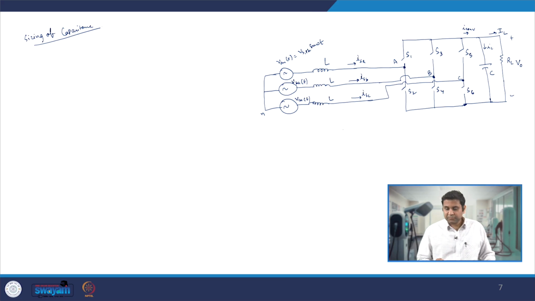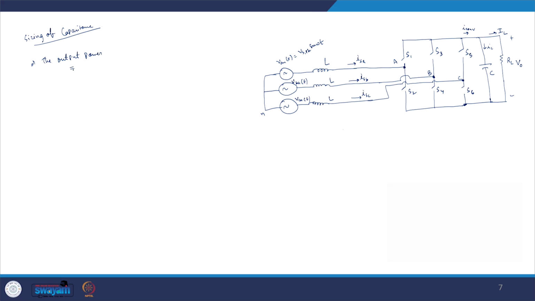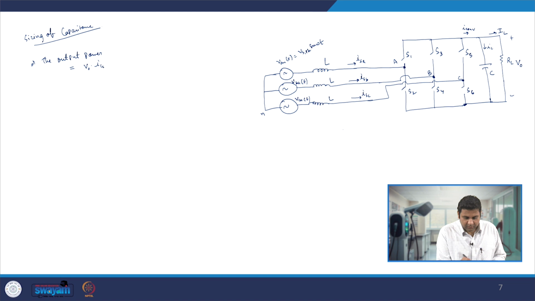So the output power is nothing but V naught multiplied by, the same voltage will be there, but the current is I converter.